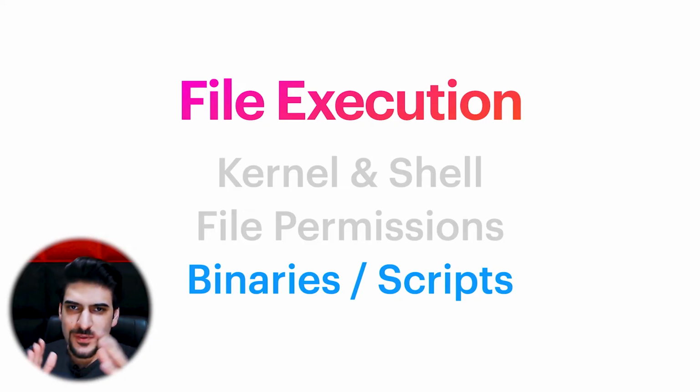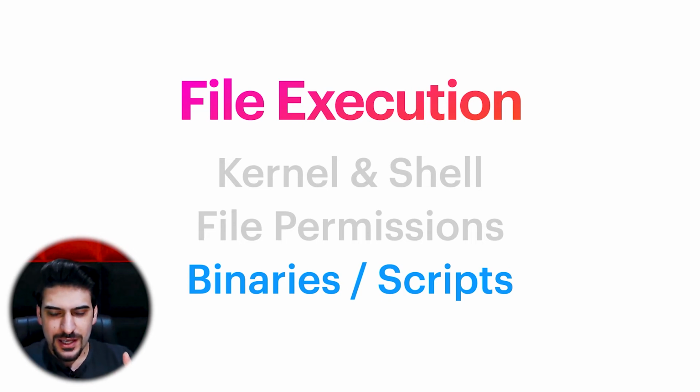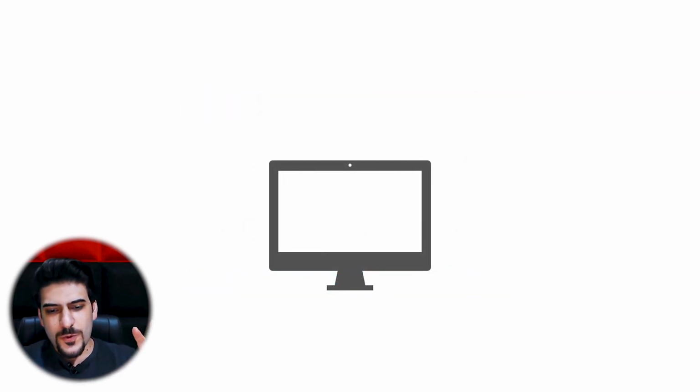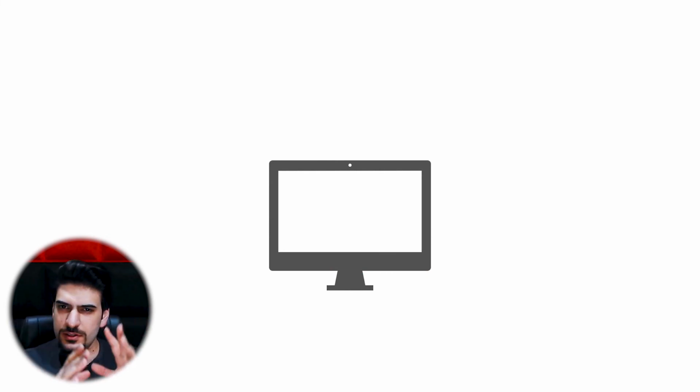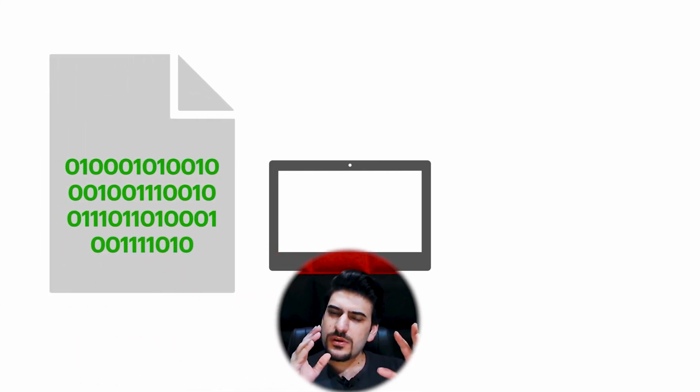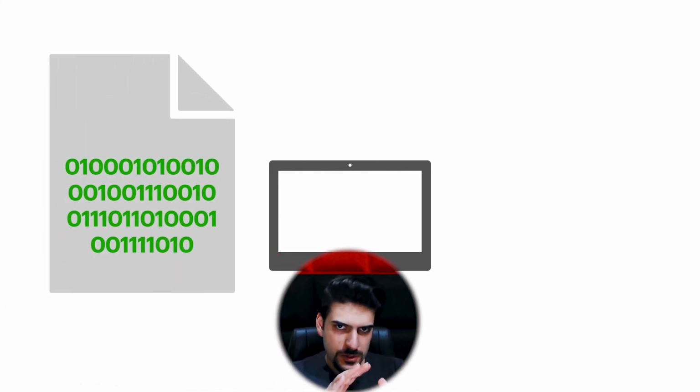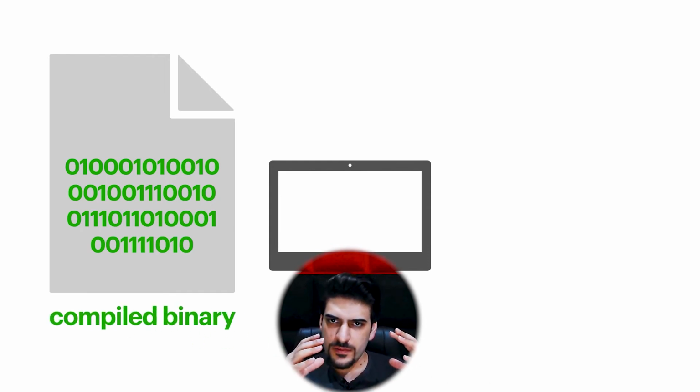Finally, we get into the interesting part of our video, which is making real executable files with real code. So, executable files are actually divided into two types. One are those executables which contain the zeros and ones, or better said, compiled binaries, responsible for whatever we want.